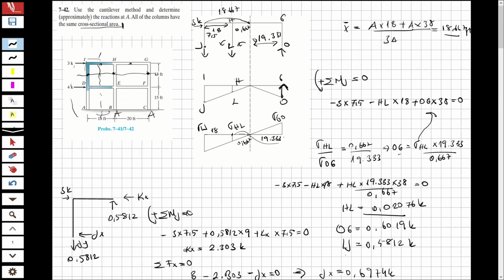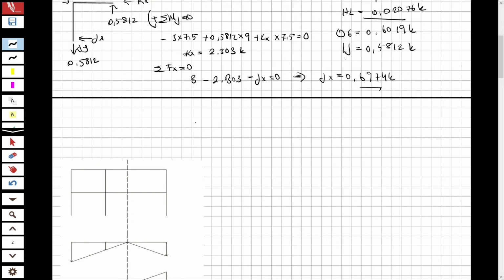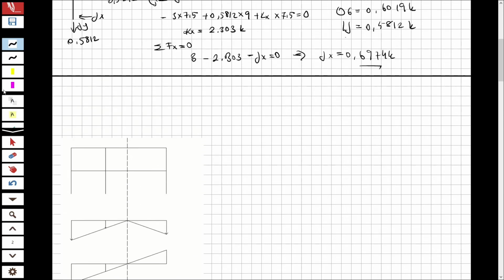So let's solve this part, but to solve this part, we have to first determine these forces. Sorry, this downward and downward forces. Let's check them. Yeah, now we are going to solve this one.